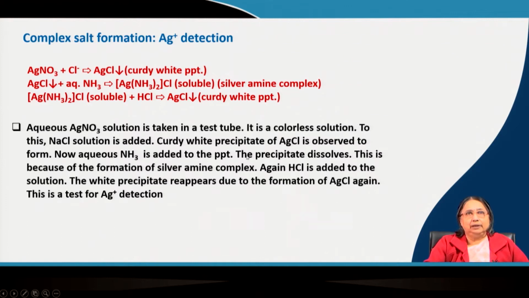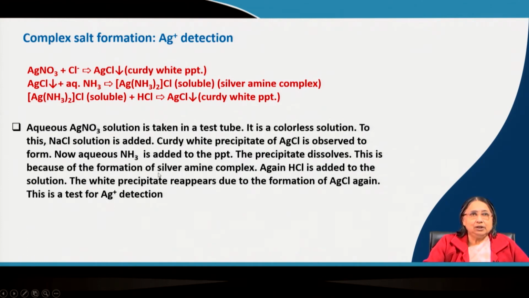Then what will happen? If you add the ammonia solution to the silver chloride precipitate, then the precipitate will dissolve. Why will it dissolve? Because it will form the silver amine complex that I already showed you.